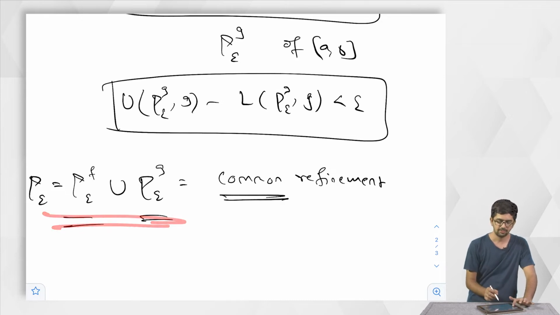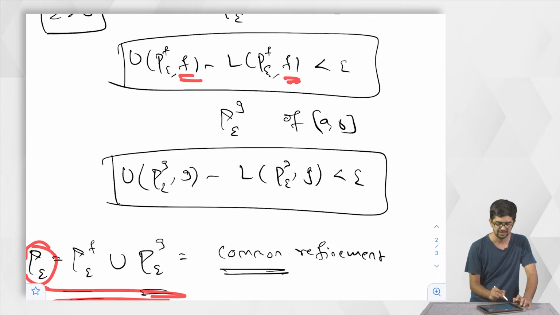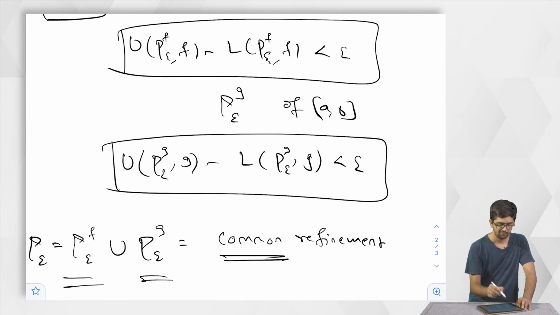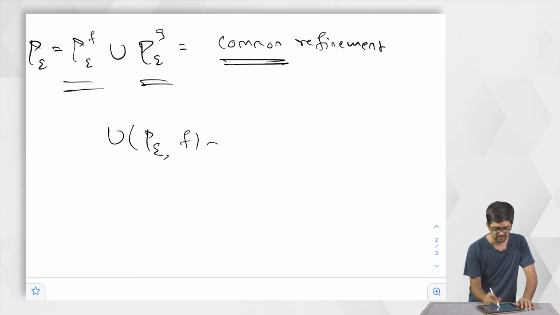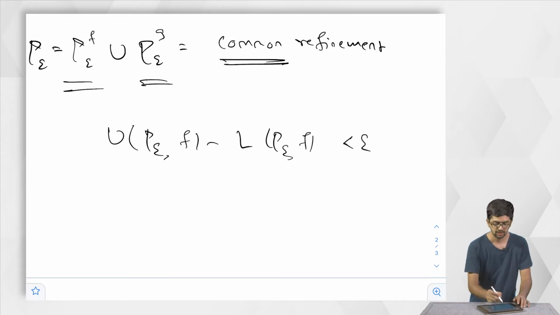Now let us see what happens to f and g in this. We are trying to see whether U(P epsilon, f) minus L(P epsilon, f) is still less than epsilon or not. Similarly, you can check for g also.